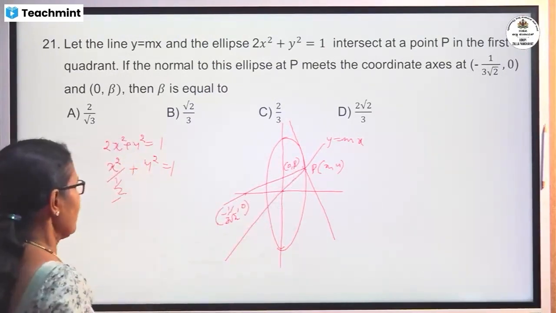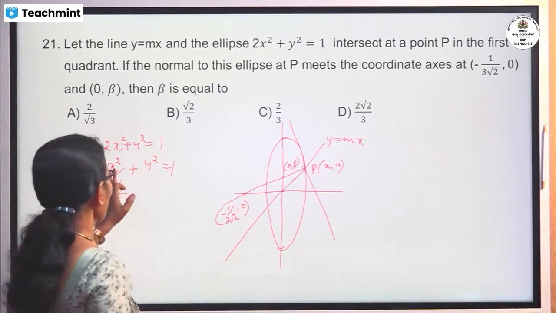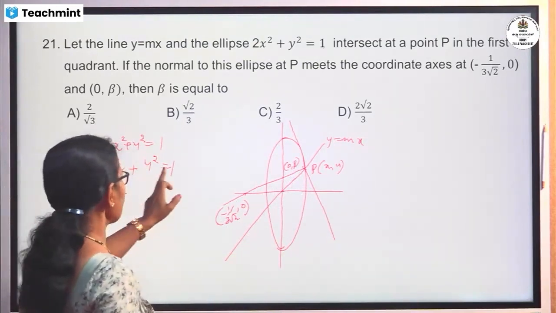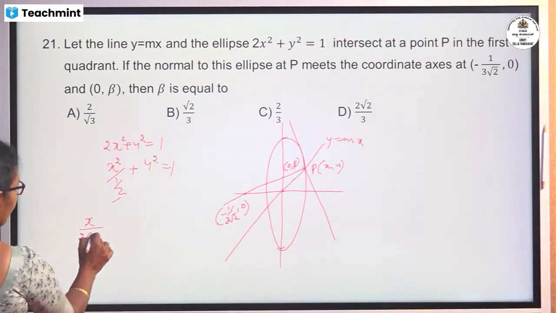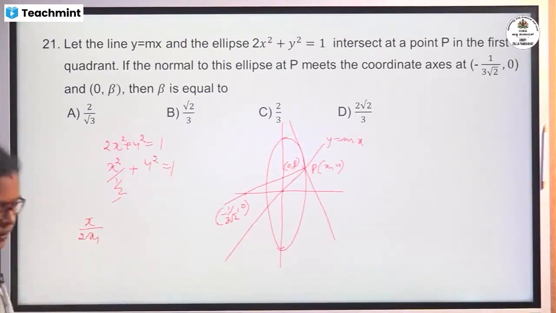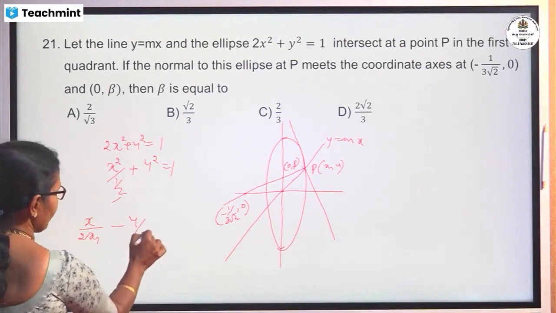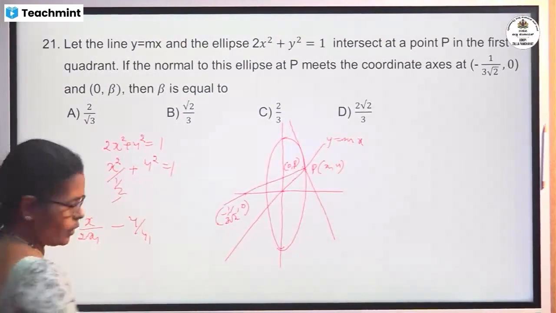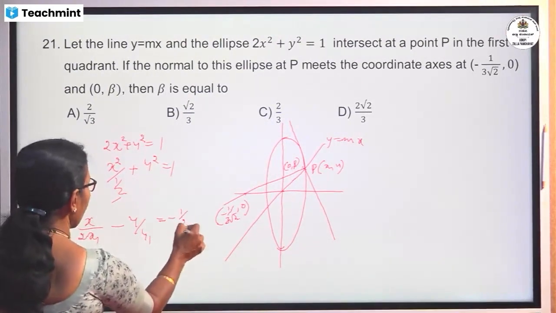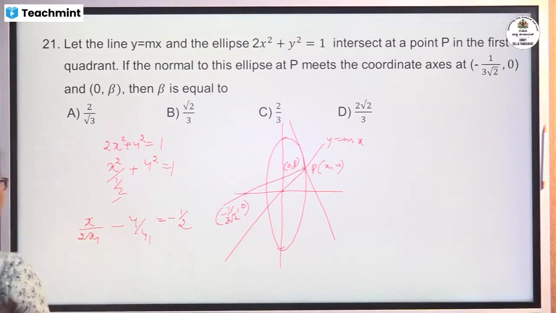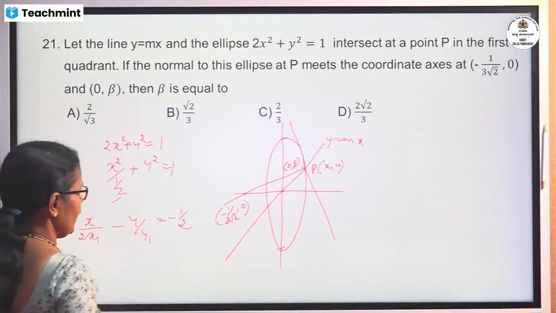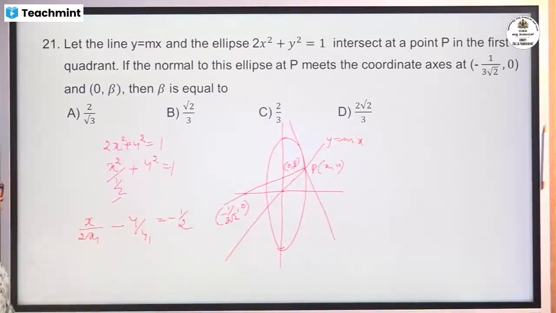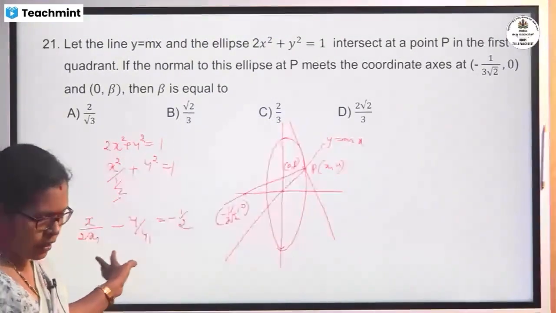First, the equation of the normal to the ellipse x square by half plus y square is equal to 1 is x divided by 2 into x1 minus y divided by y1 is equal to minus 1 by 2, because the value of a square is 2 and the value of b square is equal to 1. So this is the equation of the normal.